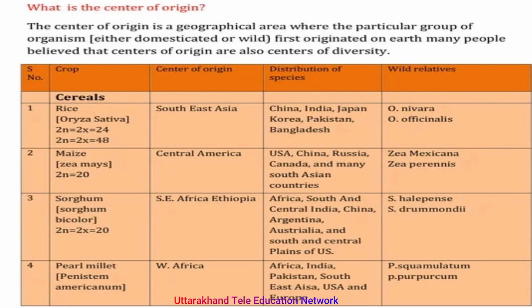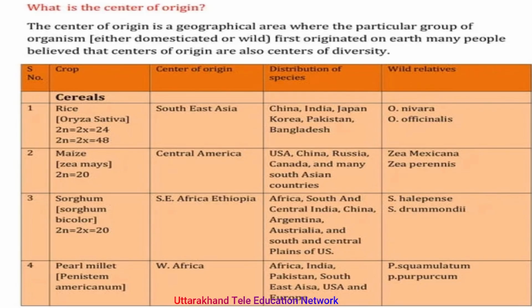The first crops are cereals. Rice, that is also known as Oryza sativa, has 24 and 48 number of chromosomes.